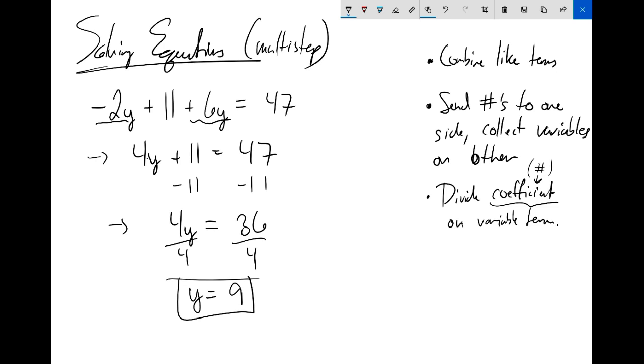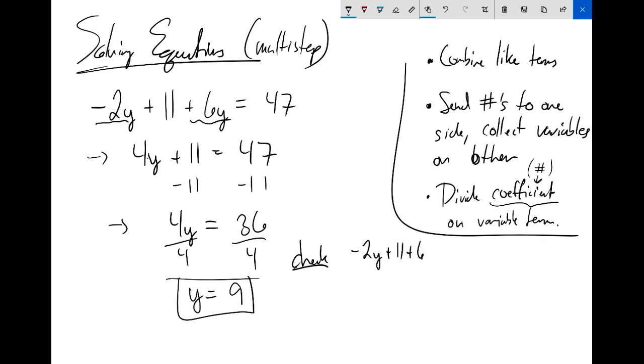Okay. And again, you can check these answers to see if it's true, because you go back to where you started and you check to see, is it true if I plug in a 9 here, negative 2 times 9 plus 11 plus 6 times 9, does that come out to be 47? Does it work?